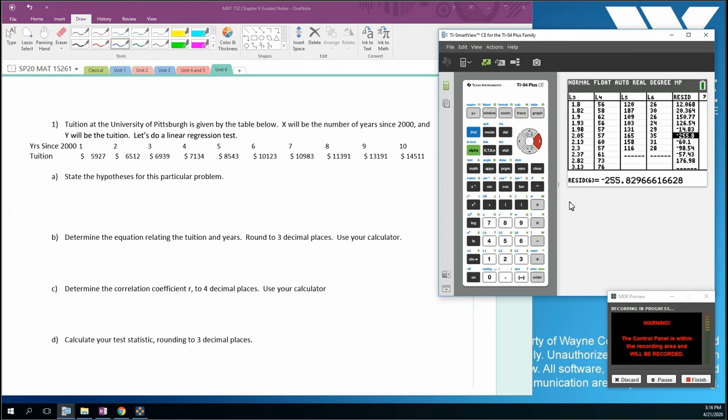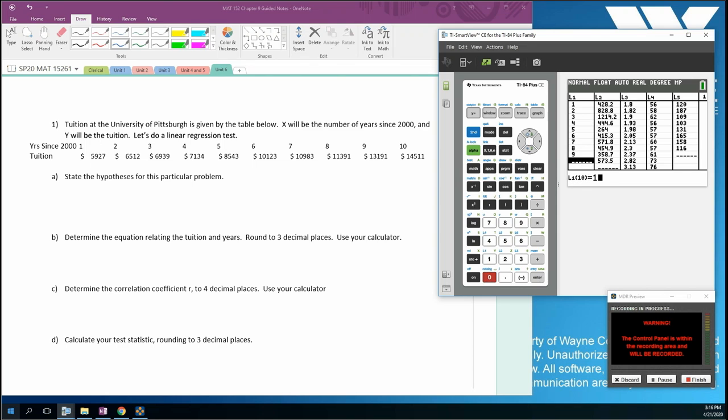So what I'm actually going to do is, if we let X be the number of years since 2000, now sometimes you might actually be given the year, like you'll see in a later example. So we'll have 1, 2, 3, 4, 5, 6, 7, 8, 9, and then 10.